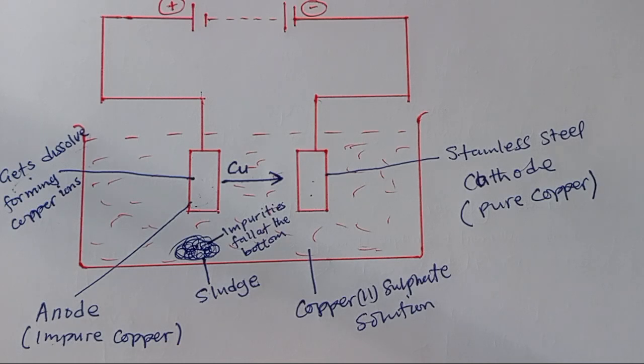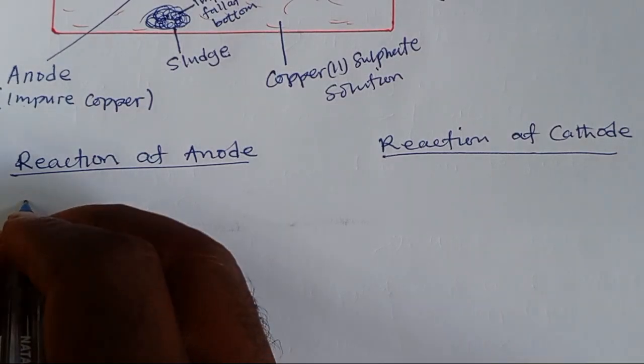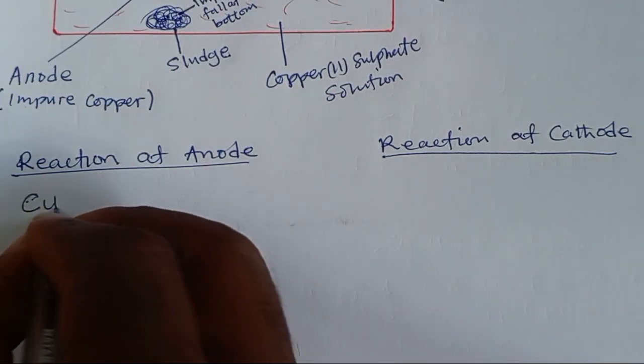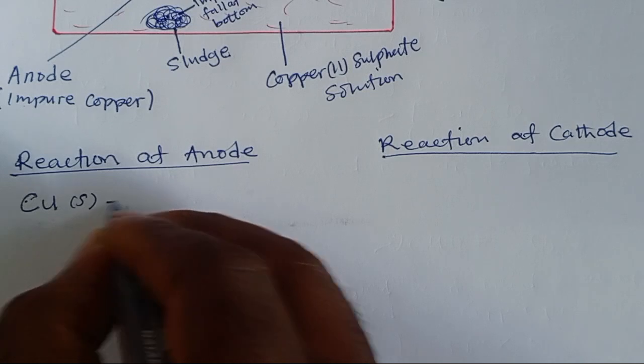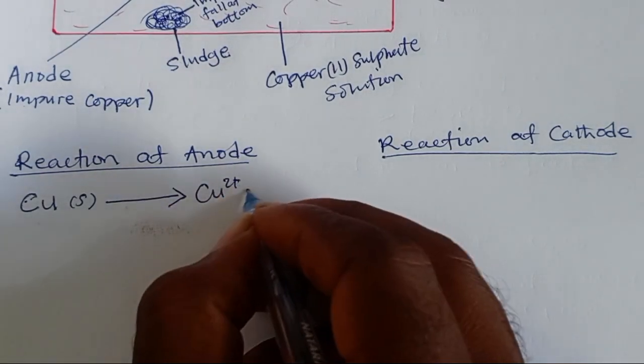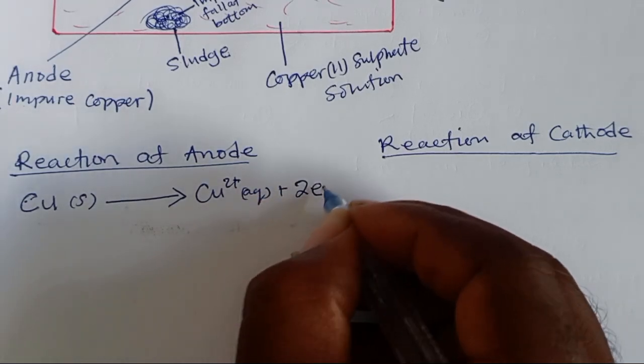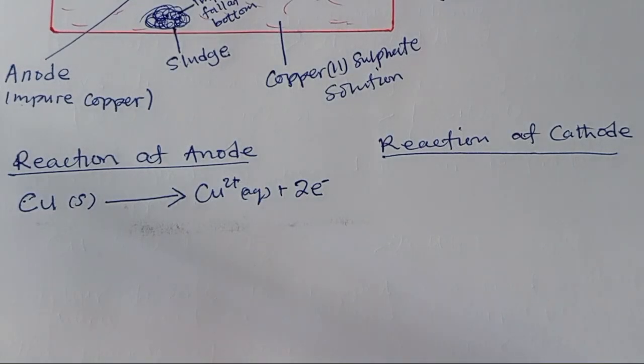Now let's look at the reaction at the anode. Remember that the anode is forming the copper ions. So the reaction is going to be solid copper forming copper ions in aqueous solution, plus 2 electrons.